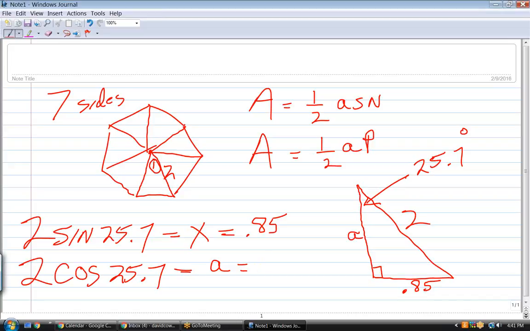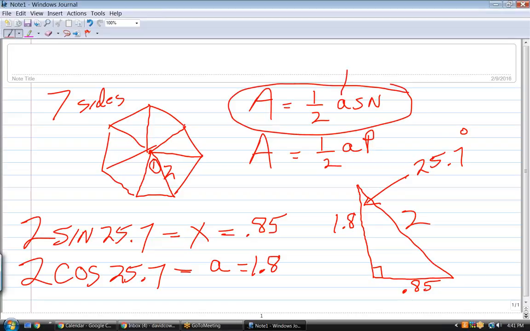So it's 1.80. Okay, so we'll put a number there, 1.8. Now, do we have everything we need there? We have little a, yeah, that's 1.8. What's the side length?